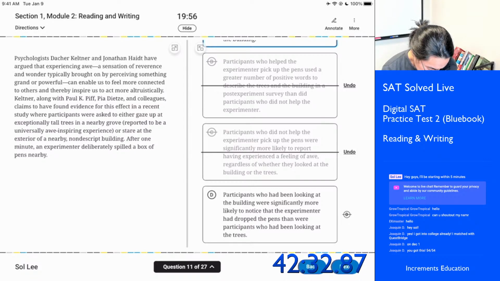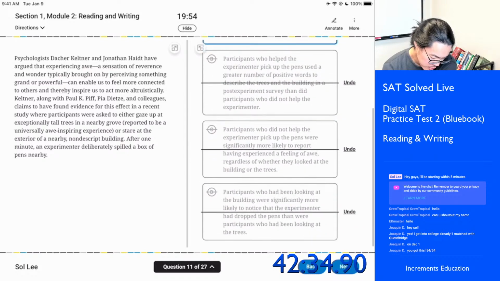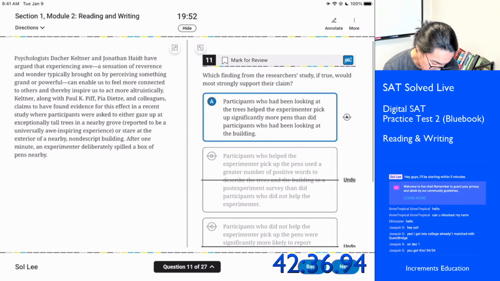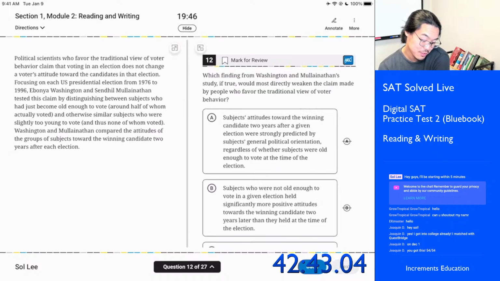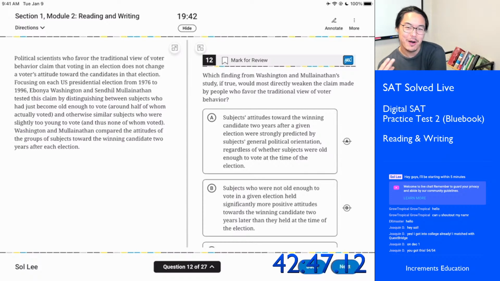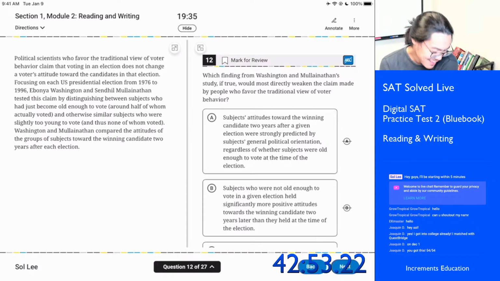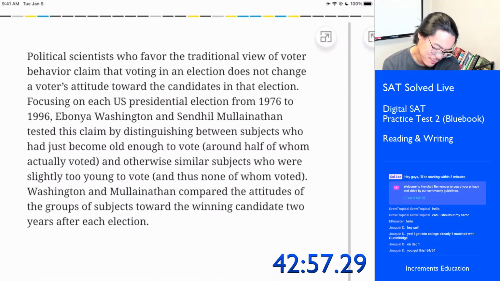Building, we're more likely to... noticing is not the point. Okay, pick up more pens, yeah. More pens is actually kind of funny evidence. It should be just, did they help at all? But I guess there are people who, if you spill like 12 pens, will help with just one. I guess they're not very altruistic. That's a funny experiment though.